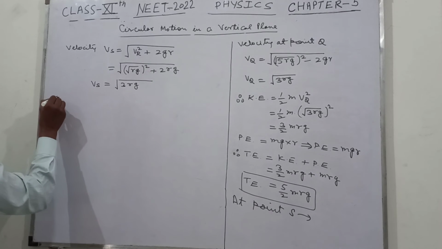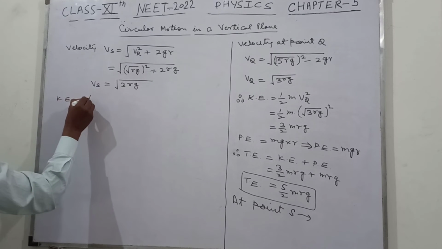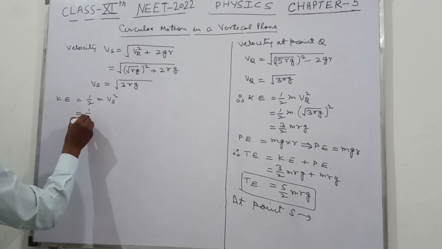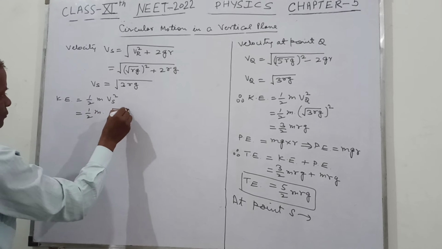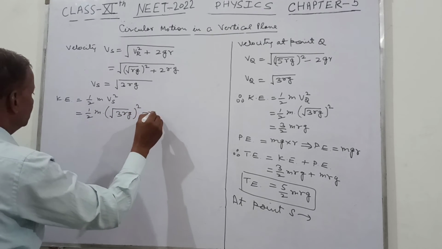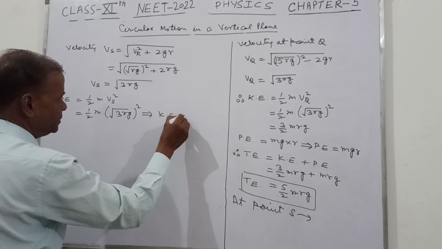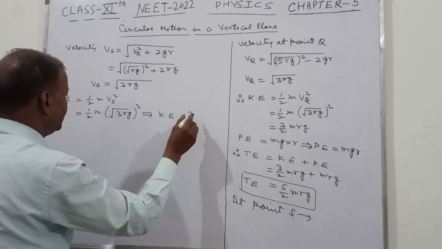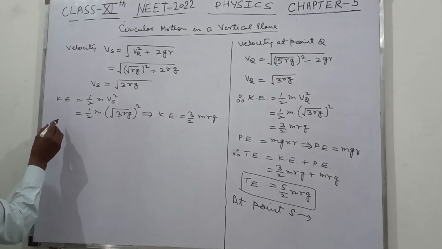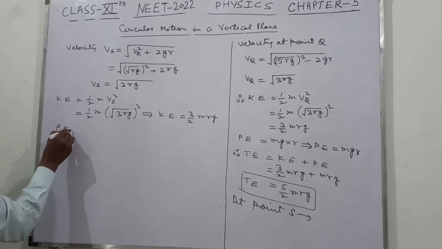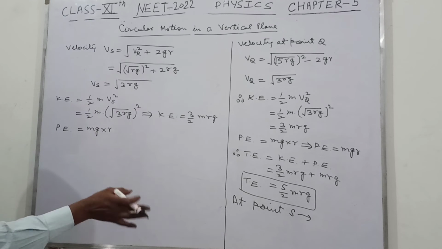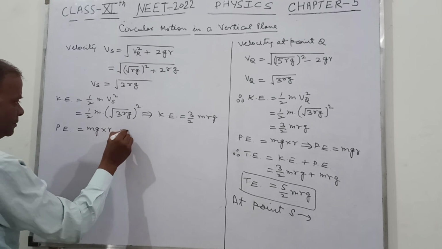So what we have, the kinetic energy is 1 by 2 m v_S squared. So this is 1 by 2 m times square root of 3Rg whole square. So this gives you kinetic energy equal to 3 by 2 mRg. And now what about the potential energy? This is mg, the displacement is equal to R, the radius.